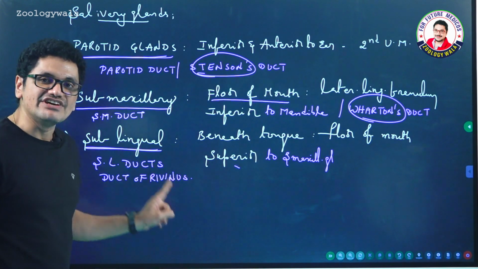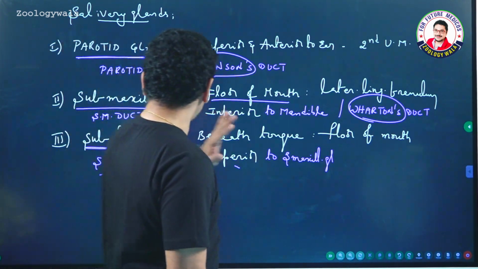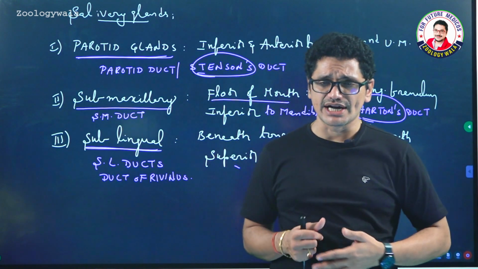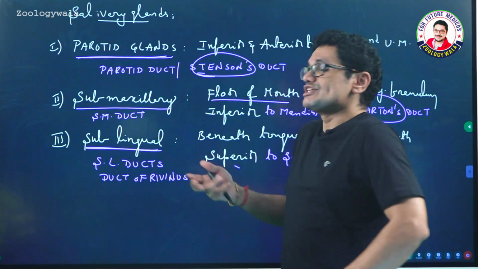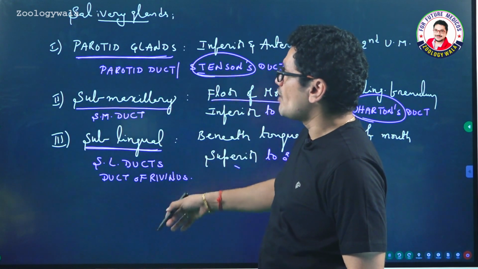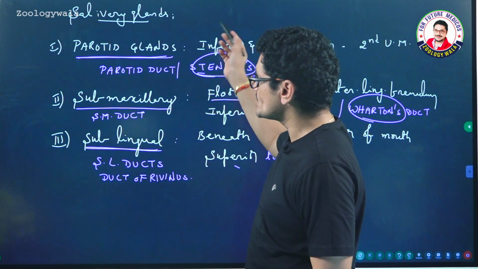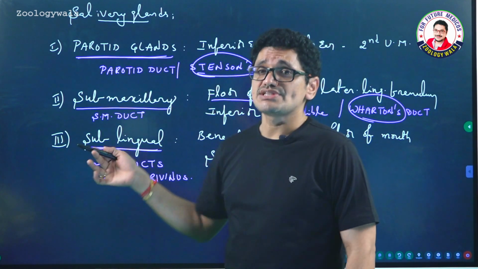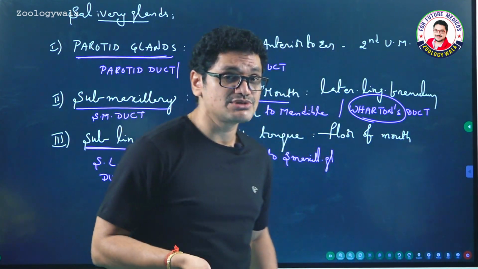The duct of Rivinus is another name for the sublingual ducts. A number of sublingual ducts are present, with the help of which saliva is released into the mouth. So parotid gland secretions, submaxillary gland secretions and sublingual gland secretions put together form the saliva.